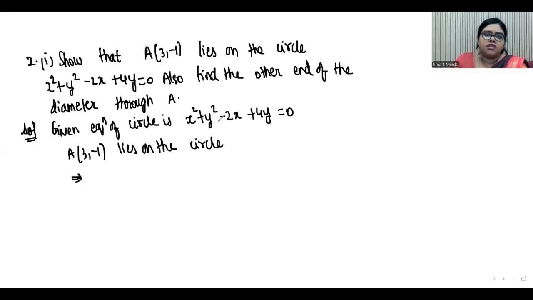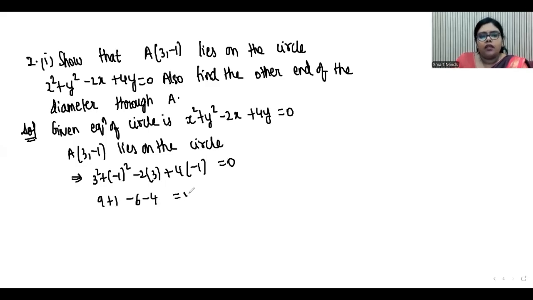We have to substitute. So 3² + (−1)² − 2 into 3 + 4 into (−1) equals 0. 9 + 1 − 6 − 4 equals 0. 10 − 10 is equal to 0. 0 is equal to 0.